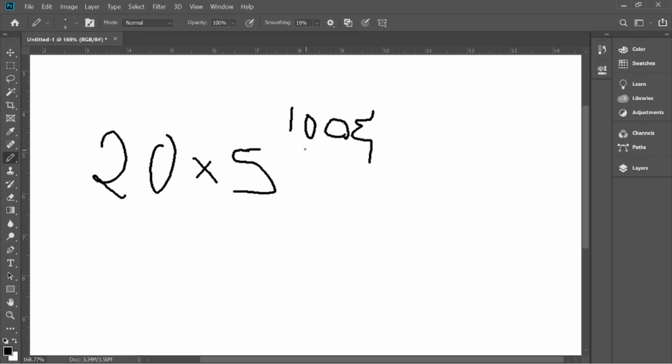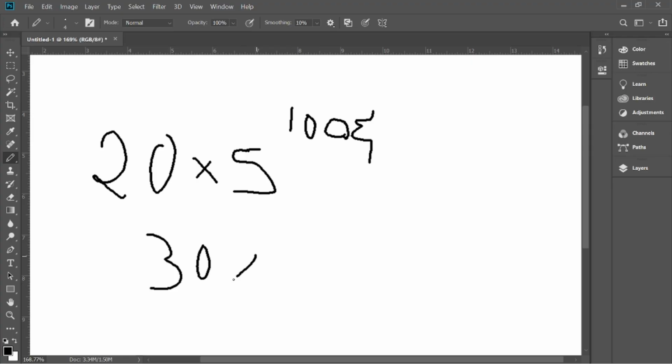So if it was a 30 pips movement, you would just be like, okay, 30 divided by 100, and whatever you get is what you are going to times by that 30. So let's say 30 goes into 100, it's going to be about 3.3.